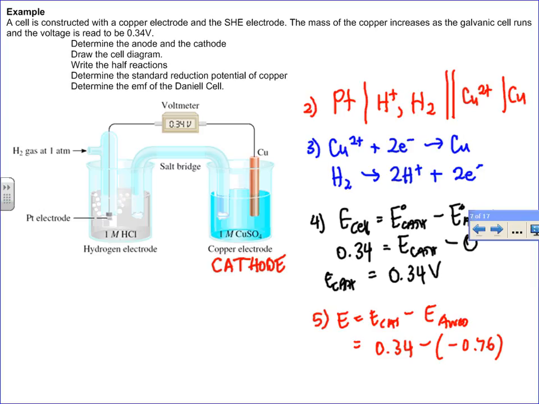So we take the reduction potential at the cathode of 0.34 and we subtract the reduction potential at the anode of minus 0.76, and in this case we get a voltage of 1.10. Now for galvanic cells, we've said that they are spontaneous reactions. The E cell for a spontaneous reaction is greater than 0, as is the case with the zinc-copper reaction.